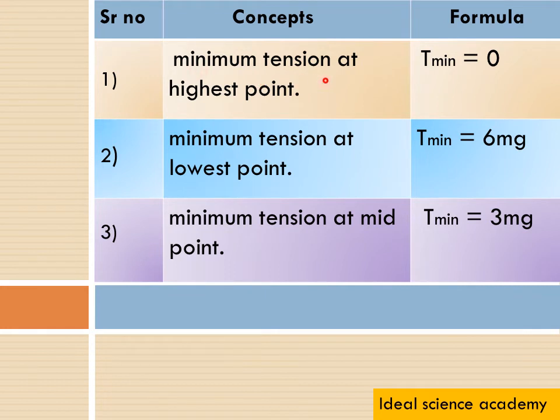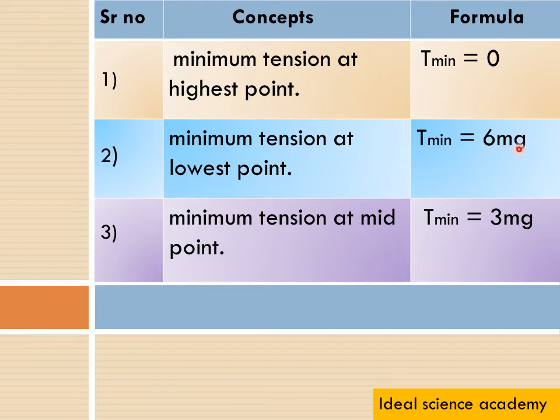Minimum tension at highest point. At highest point, T minimum equals to 0. Minimum tension at lowest point. Tension minimum at lowest point equals to 6 into m into g. m means mass of object and g is the acceleration due to gravity.